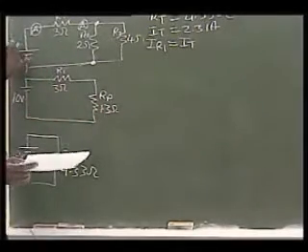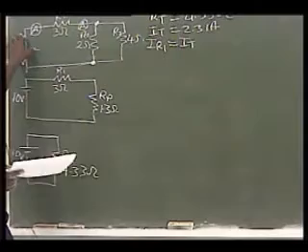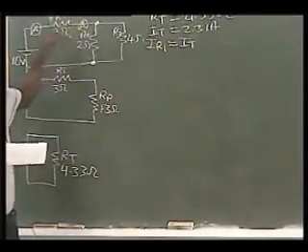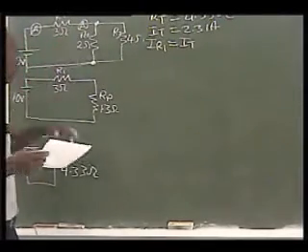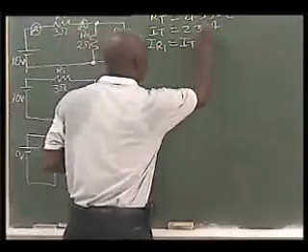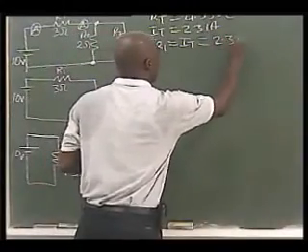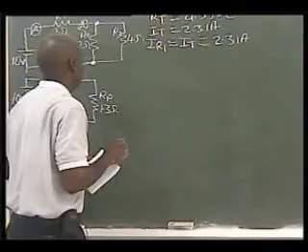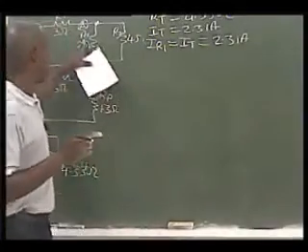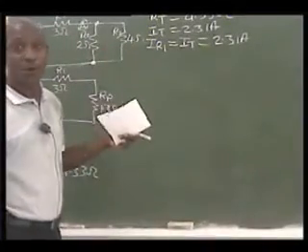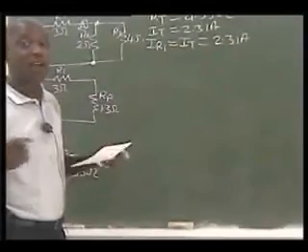So the same amount of current that leaves the battery, all of it will travel through the series resistor. So this is going to be equal to 2.31 amps.